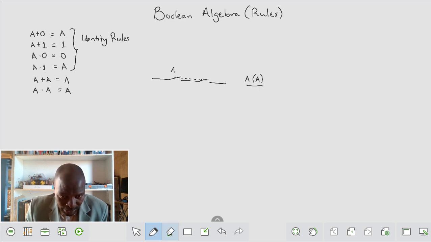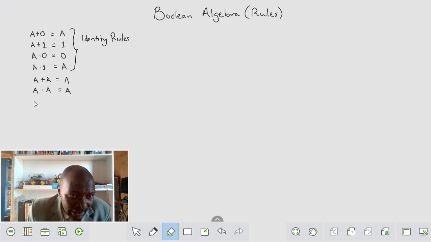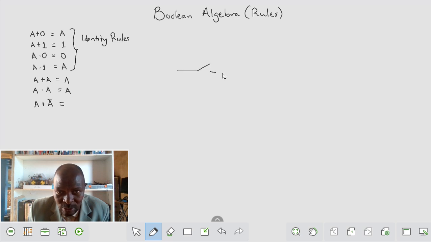All right, so we'll proceed and say we have A or anything else, in this case its inverse. Let's say A or not A. If we take the switch and say this is A, parallel to A but the opposite of A, what are we saying here?